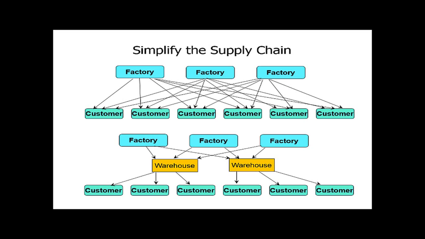So the complexity is reduced. You can simplify both the information flow and the physical flow. Now, what you have increased is cost. So you've got to weigh up all the time, which is more important, agility or cost.